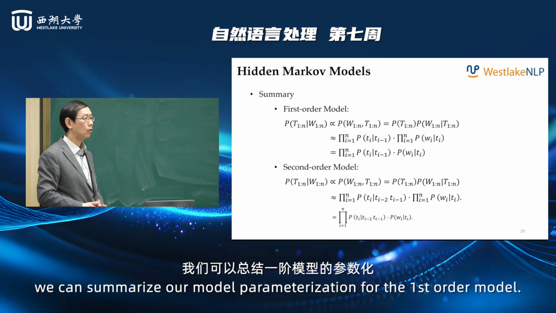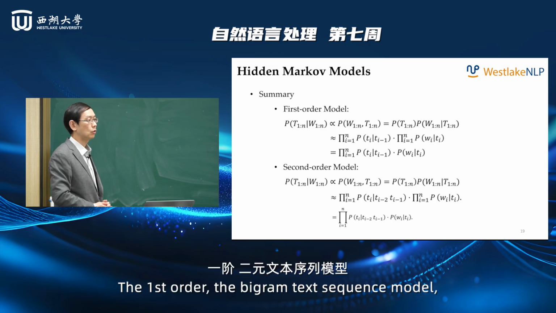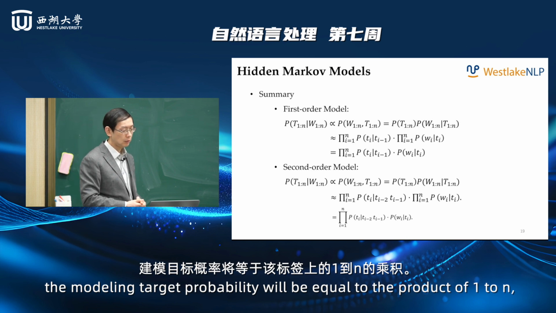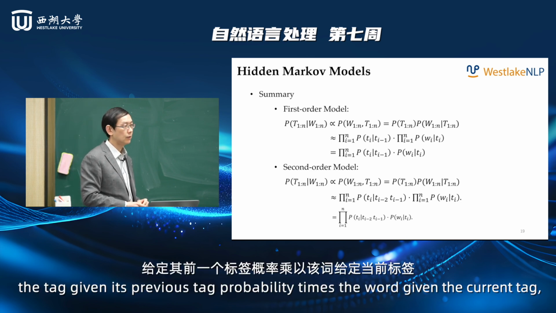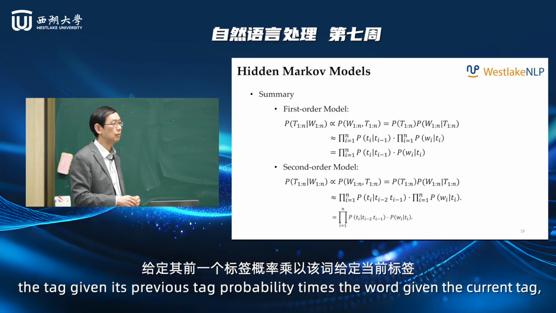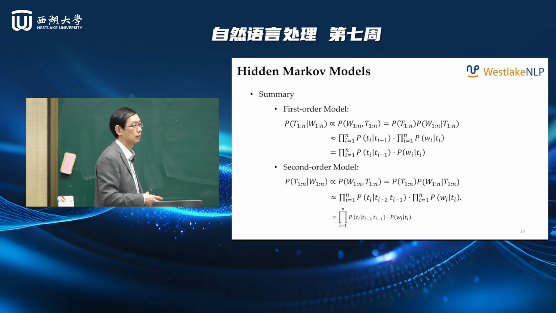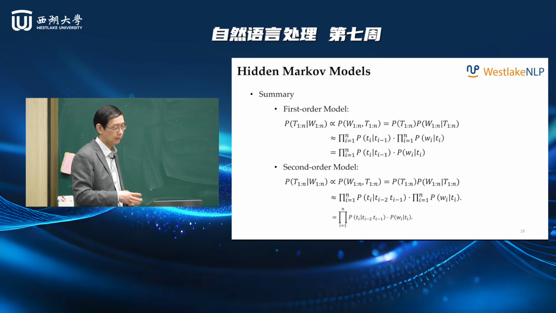For the first order model, like the bigram tag sequence model, the modeling target probability will be equal to the product of 1 to n, right? The tag given its previous tag probability times the word given the current tag. That's called the first order model.